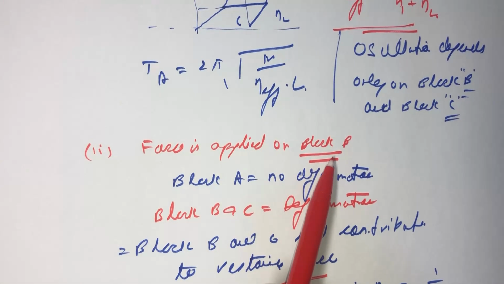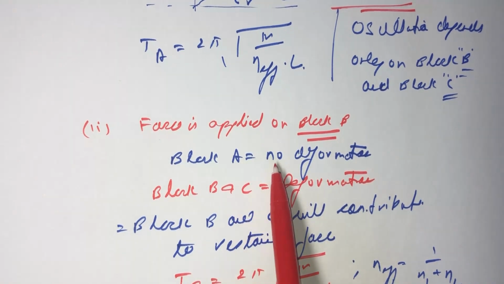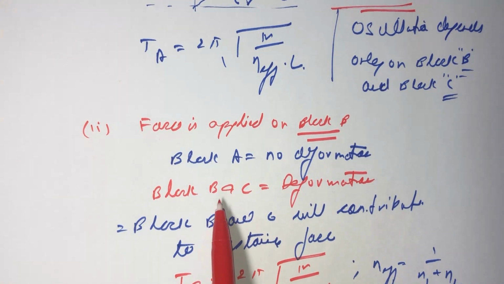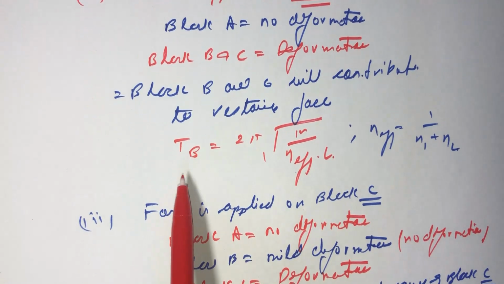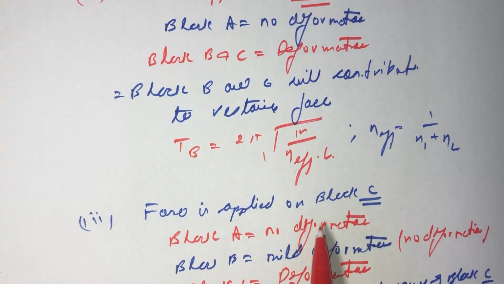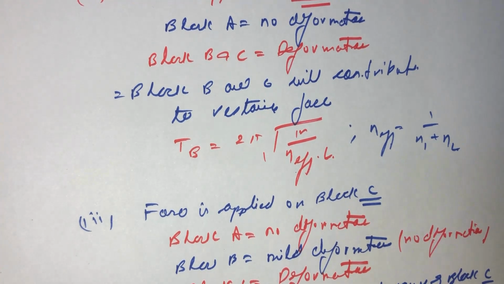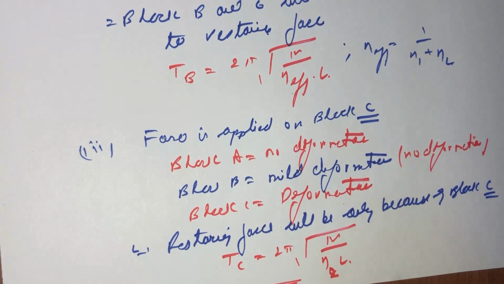When force is applied on block B, there is no deformation in block A, and the deformation is in blocks B and C, so both contribute to the restoring force. Therefore the time period of oscillation will be the same as for block A. Whereas when the force is applied on block C, block B has mild deformation, so we can assume it is close to no deformation. So the entire period of oscillation will be dependent upon the modulus of rigidity of block C, which is η2.